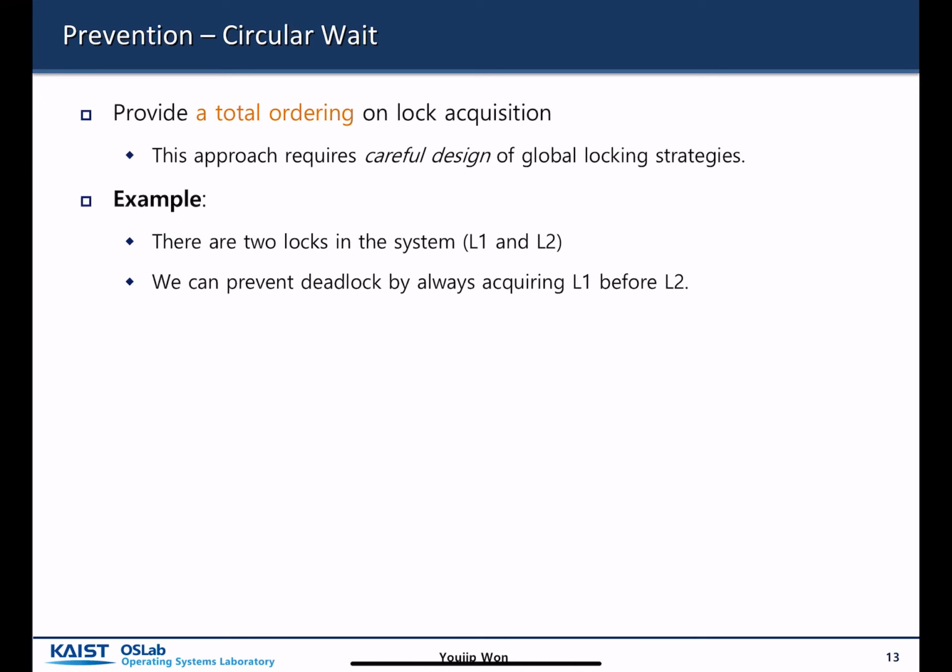Then the programmer has to write the lock acquisition code based upon the numbers allocated for the locks. For example, lock L1 first and then lock L2. So if we can ensure that we acquire the locks with lock 1 first and lock 2 second, then we can prevent the deadlock.